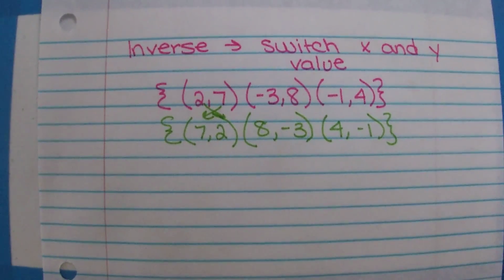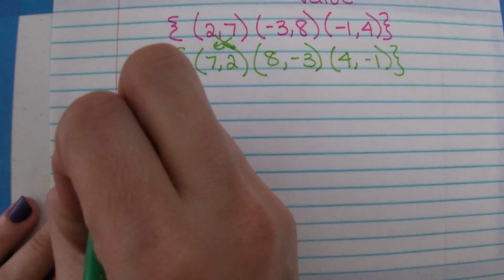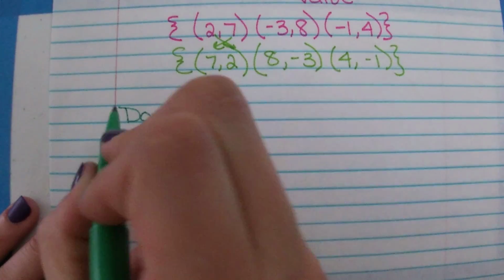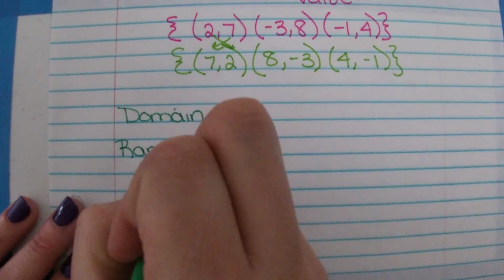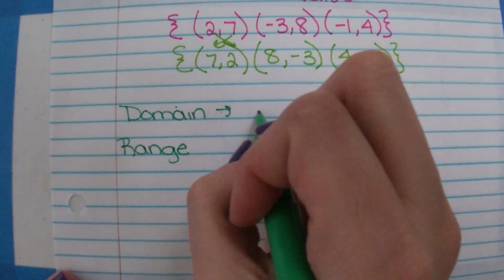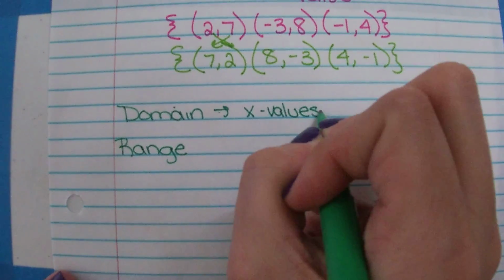Okay, the other piece that should be something we always get the points for is if we are asked to list the domain and the range. This is just a matter of knowing the vocab, so get this copied down in your notebook. Okay, your domain is your x values, so the first number in an ordered pair.